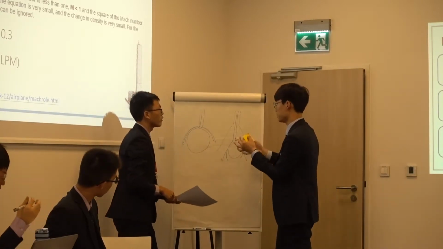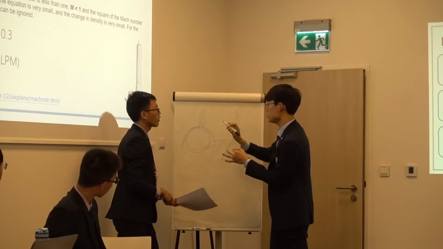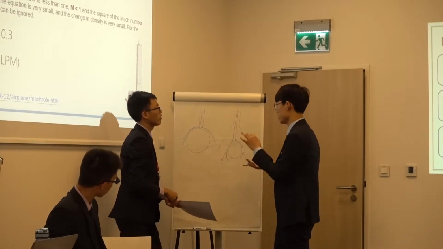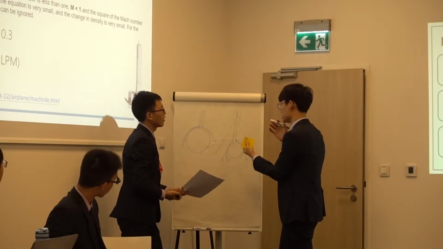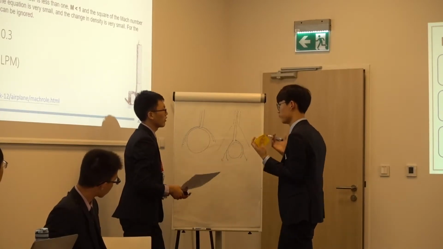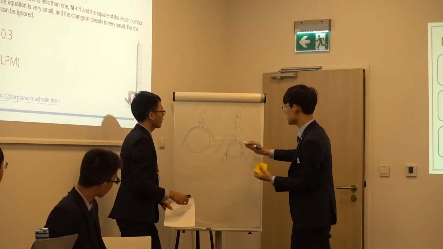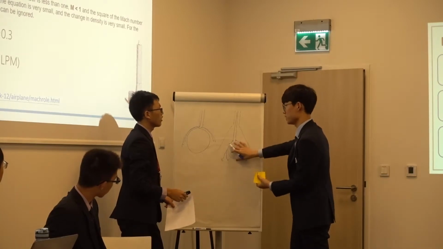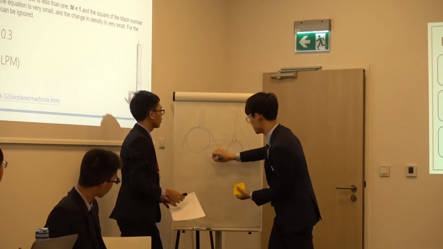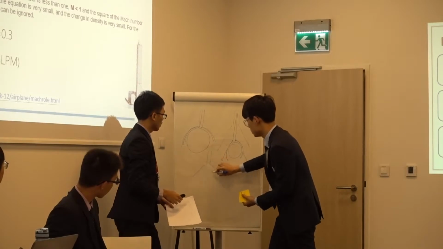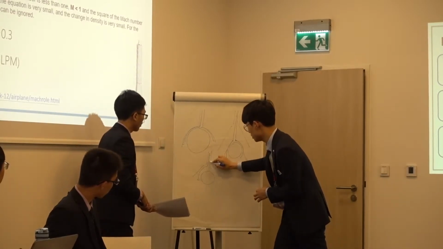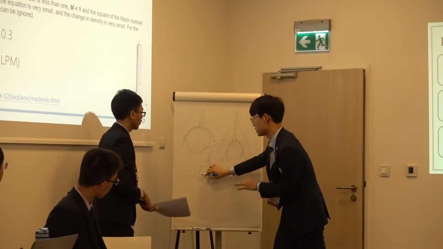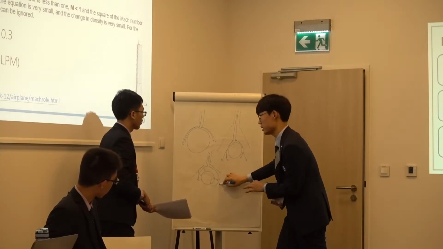Let's clarify. When you use Bernoulli's equation, the reason why the ball levitates is a pressure gradient due to the difference of the flow velocity, right? Since you said that the airflow will act like this, let's think of some situation. In this situation, the flow will behave like this, and there will be some pressure gradients in this and this area.